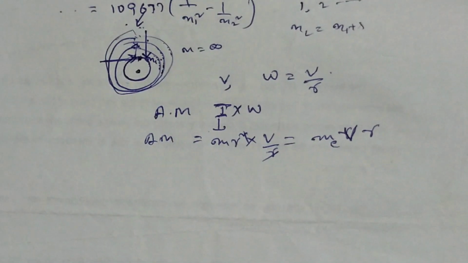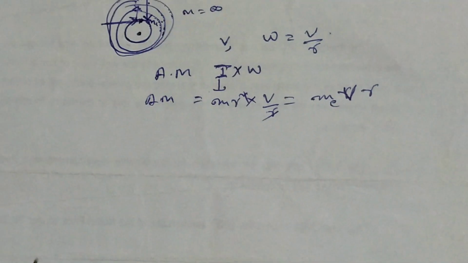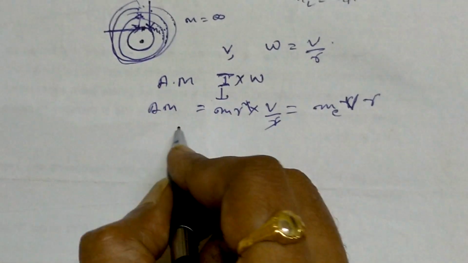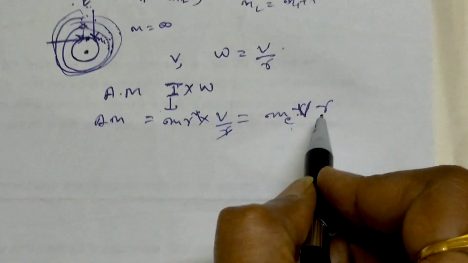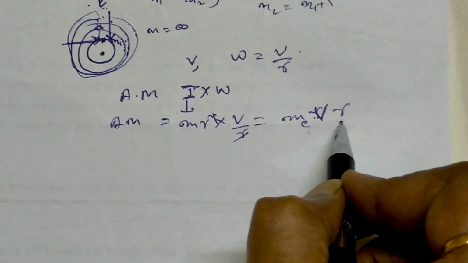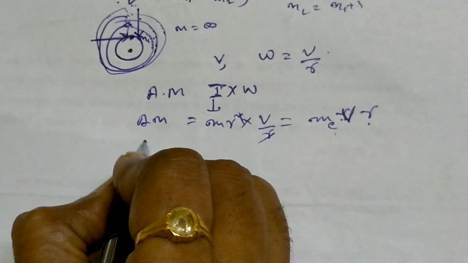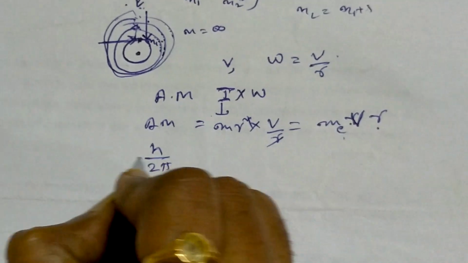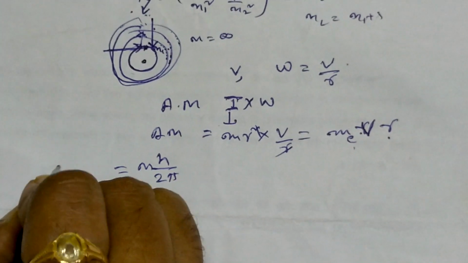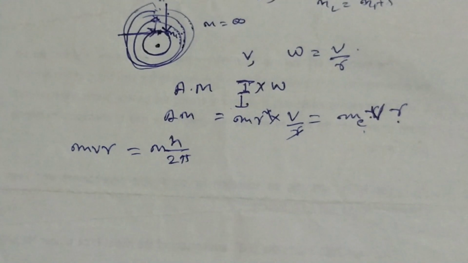We are talking only about the hydrogen atom, because other atoms are more complicated and have many other parameters also. So the angular momentum for a hydrogen atom is the mass of the electron times the linear velocity times the radius. Whereas we know that n h by 2 pi equals the angular momentum, m v r.